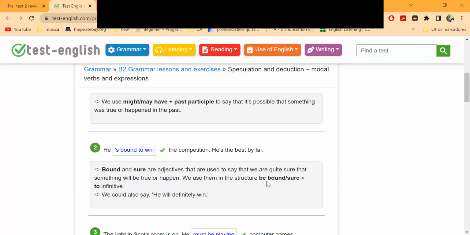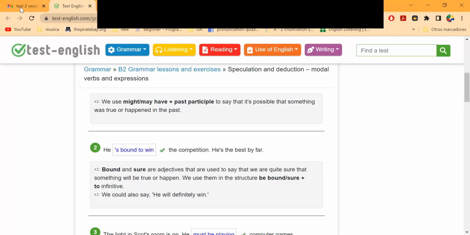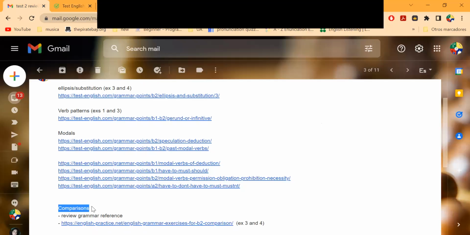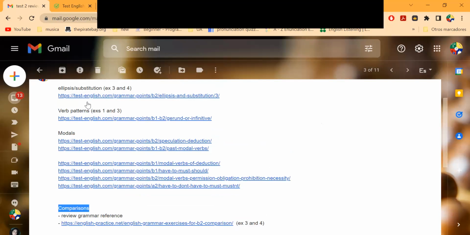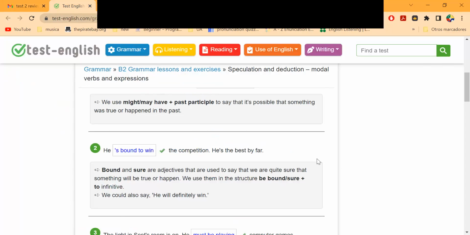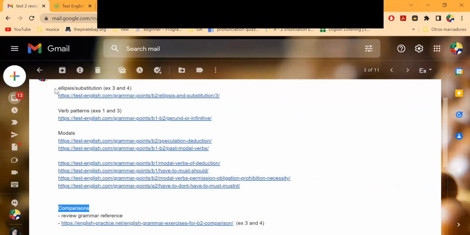We use them in the structure to be plus bound, sure plus to infinitive. Es súper prescriptivo, te da una prescripción, una receta muy, muy detallada. Ok, el otro ejercicio que teníamos que hacer de acá era... Ah, no puse nada acá. Vámonos al otro link. Recuerden que cada link tiene... Acá hay 2 ejercicios más, pero vámonos al otro, por temas de tiempo.